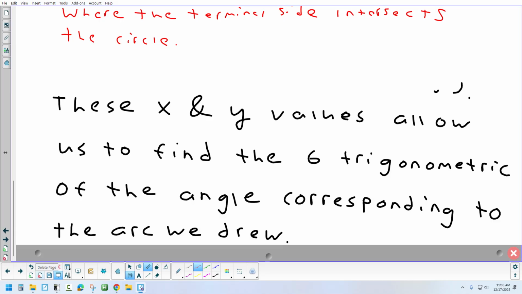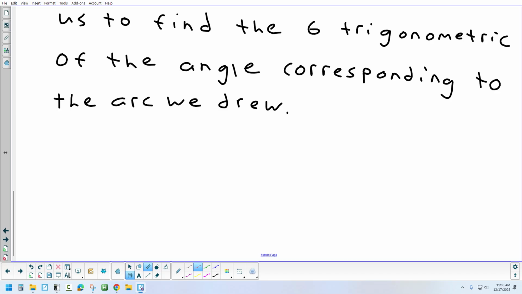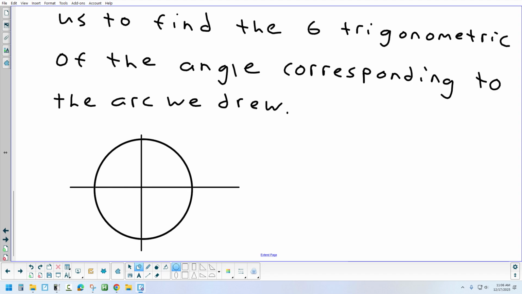So let's draw our circle and let's see if we can figure out some of the coordinates. I think some angles you should already know the coordinates for. Let's start with this angle.